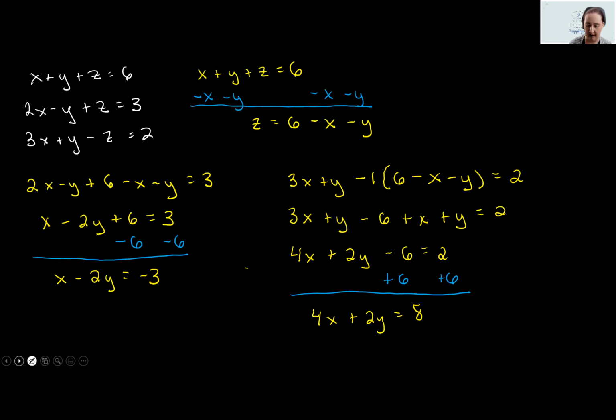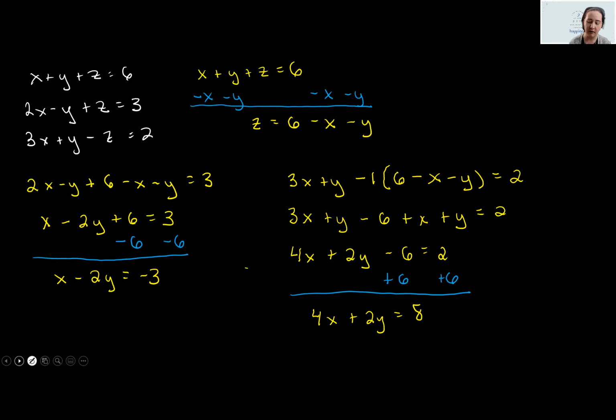So now we have 2 equations with 2 variables. So we have x minus 2y equals -3, and 4x plus 2y equals 8. So now we're going to take those two equations and we're going to use substitution again.